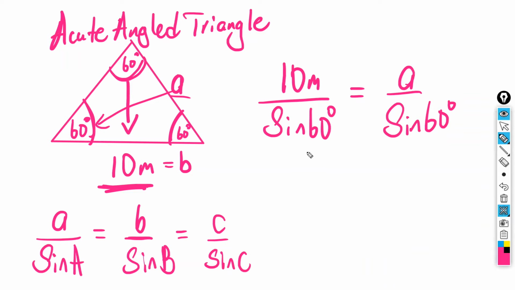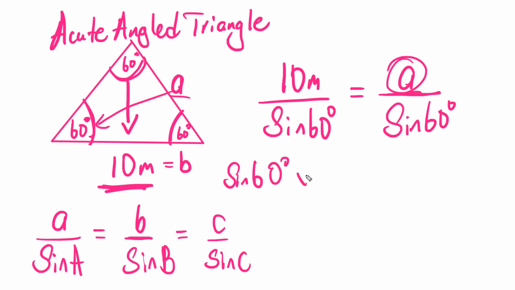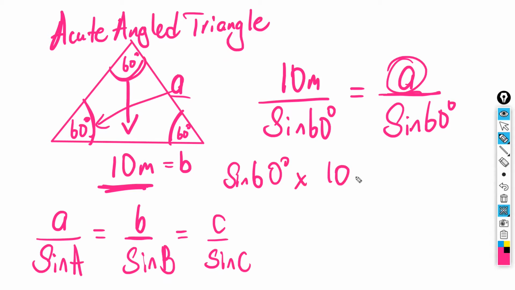And this is how we would find it, guys. It's really simple in this case. We need to find the side a over here. All we have to do is say sine 60 multiplied by 10 meters over sine 60 is equal to a.